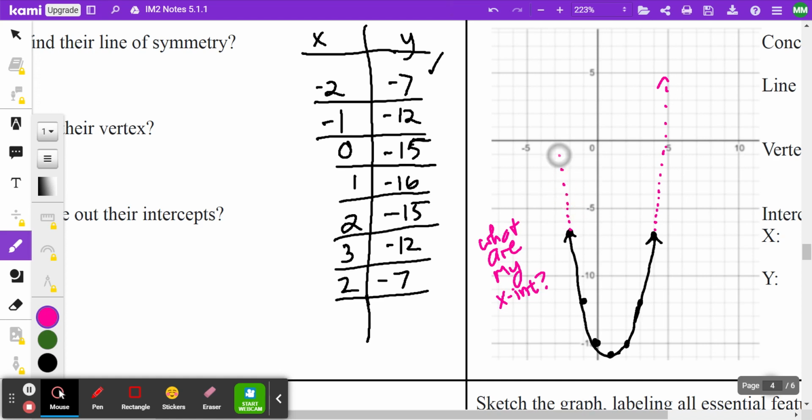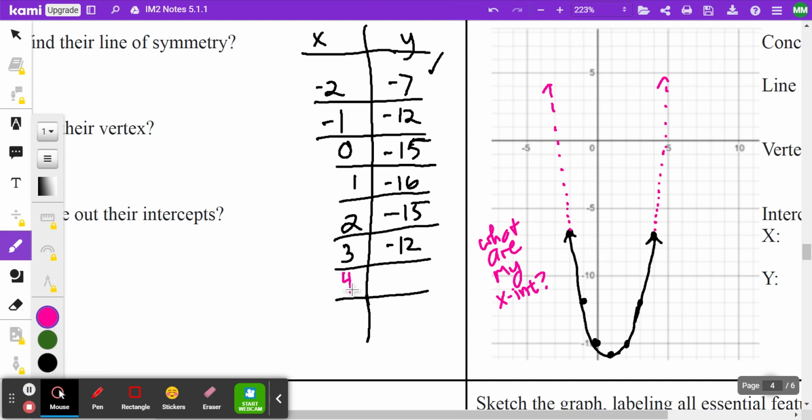But I don't know where I'm going to cross the x-axis. So I need to do, looks like at least one more point. Let's try 3. If I plug in 3, I get, let me see. I made a mistake and I erased it.